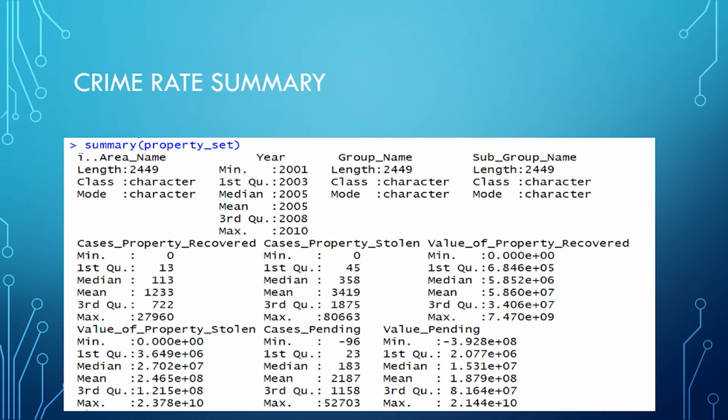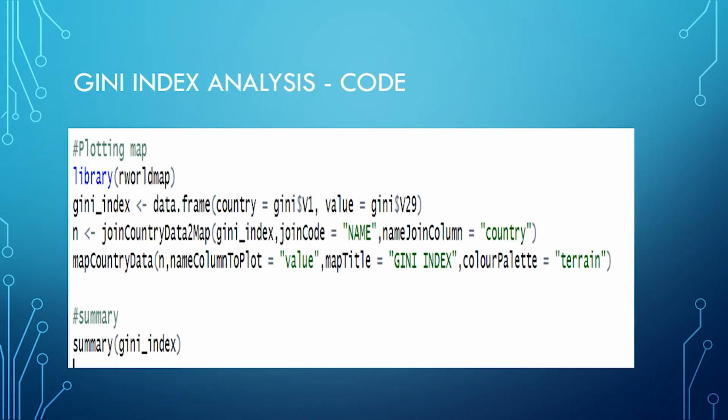We could see that the class is character, and similarly for subgroup name. And for other columns, it includes the new columns also. But originally the data set was till value of property stolen. I have manipulated and given cases pending and value pending. It has also found the minimum and maximum values for these two manipulated data also.